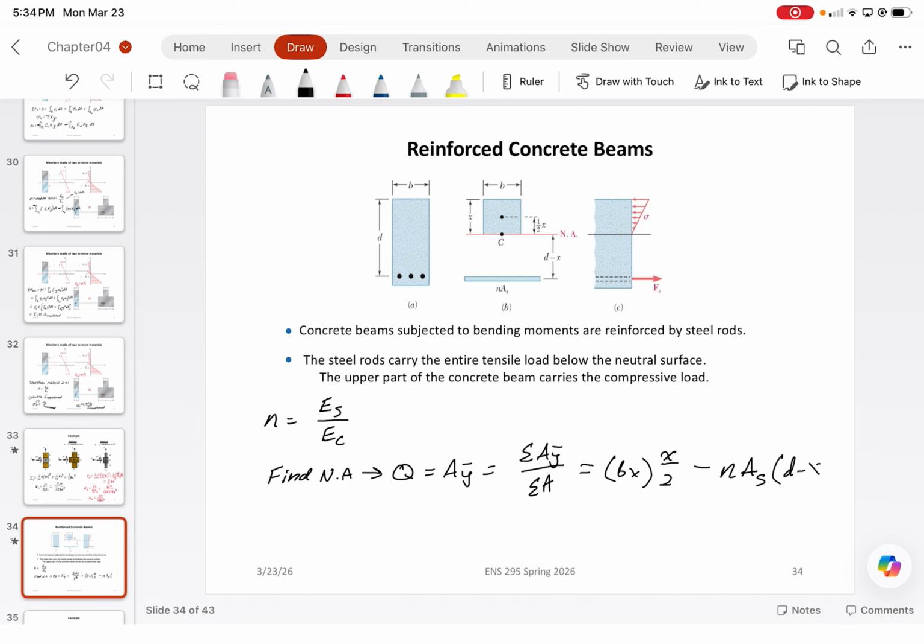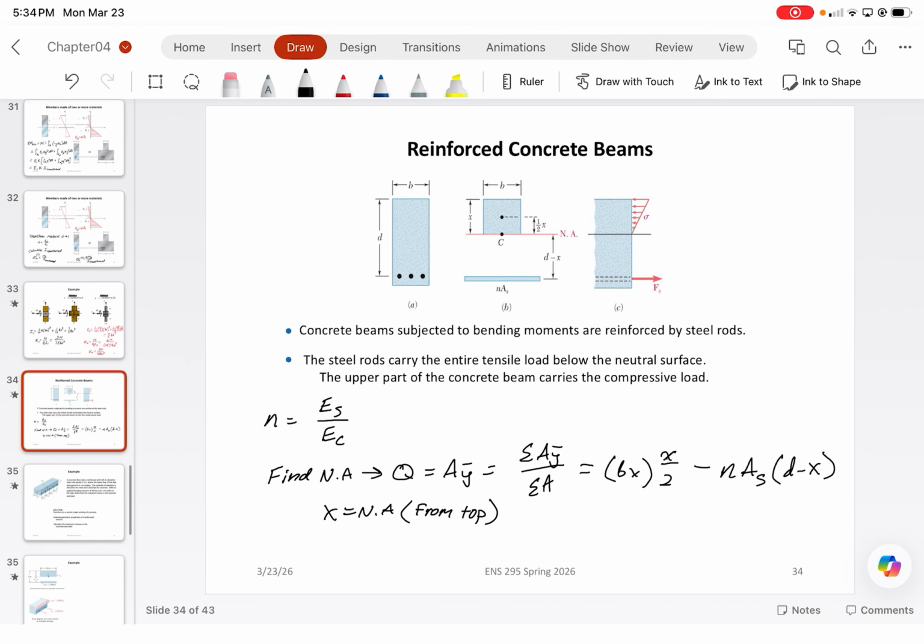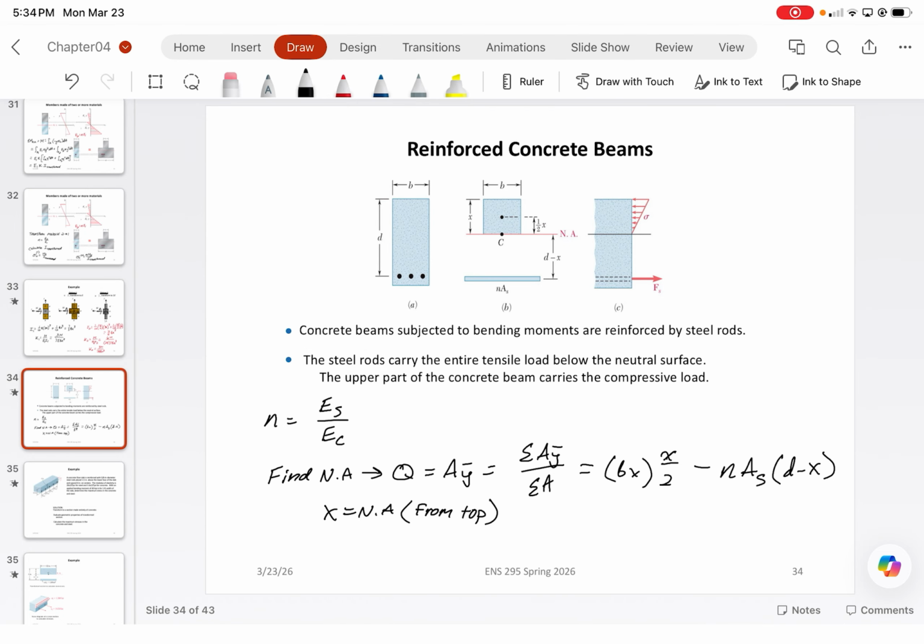So this is basically just the transformed section of steel, all to an equivalent stiffness of concrete. All right, and from here we would find where X is. And that's the neutral axis from the top.